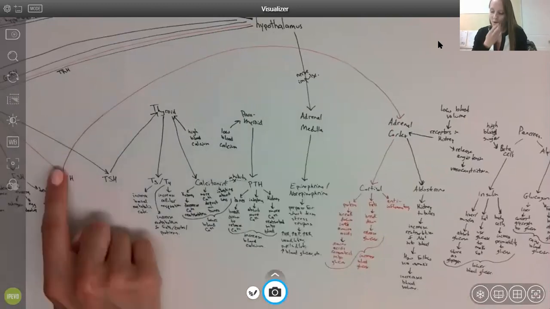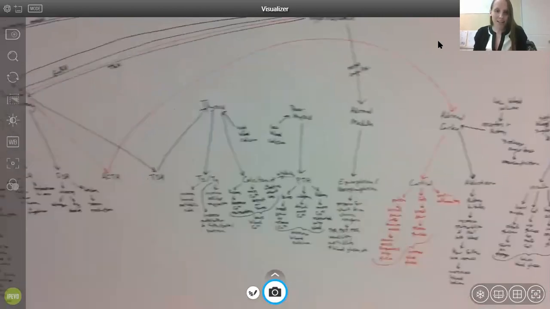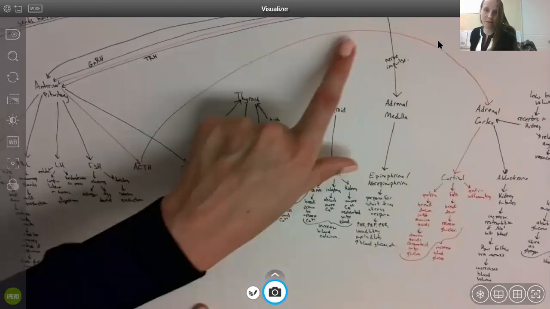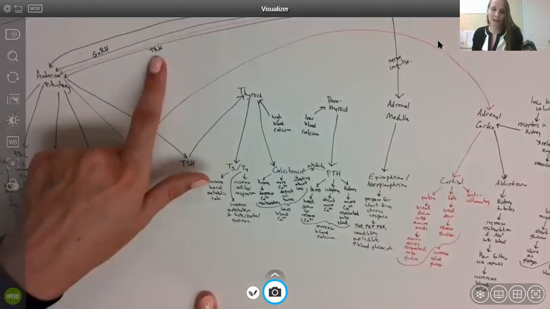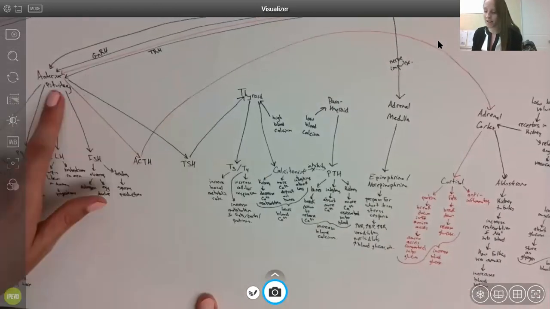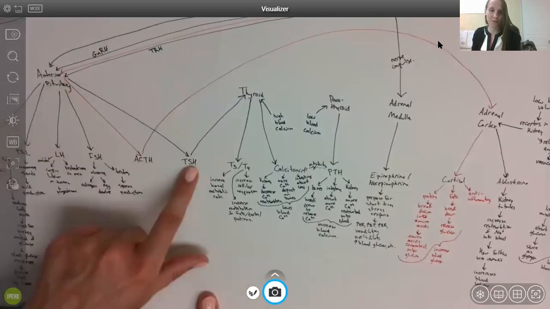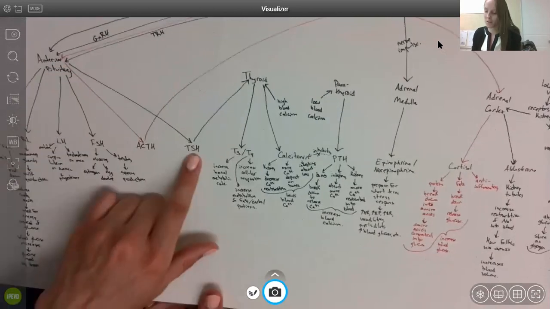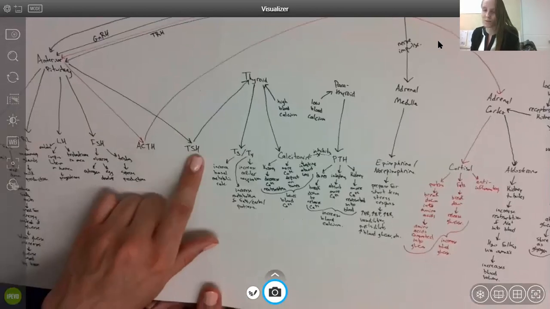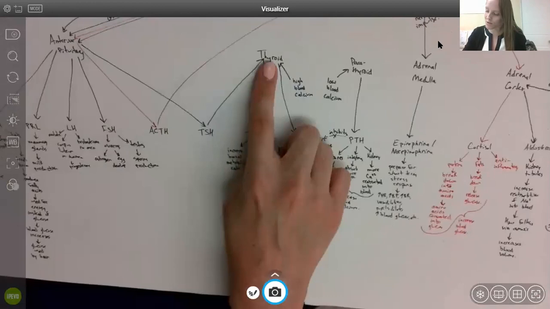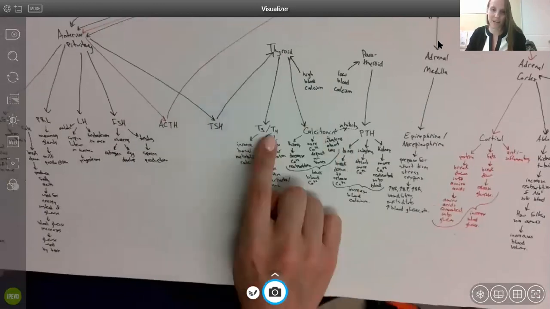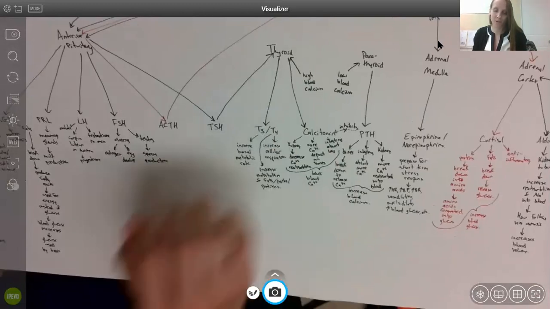That is why it's a tropic hormone. And then lastly, again, from the hypothalamus, thyroid releasing hormone comes to the anterior pituitary, causes the release of thyroid stimulating hormone, which, as the name suggests, goes to the thyroid, and it's going to cause the thyroid to produce more T3 and T4, which again, we'll talk about in our lesson on the thyroid.